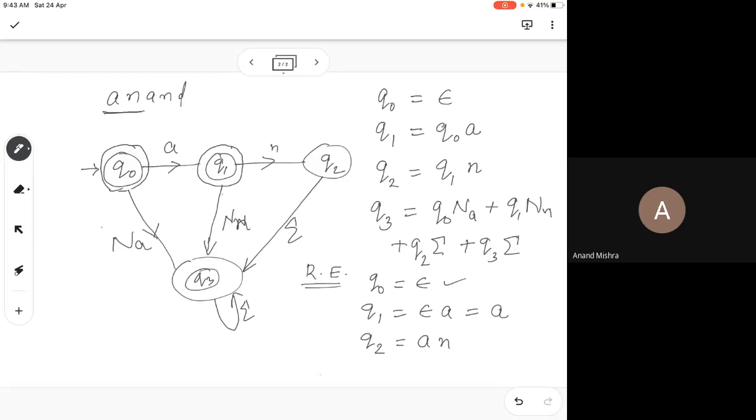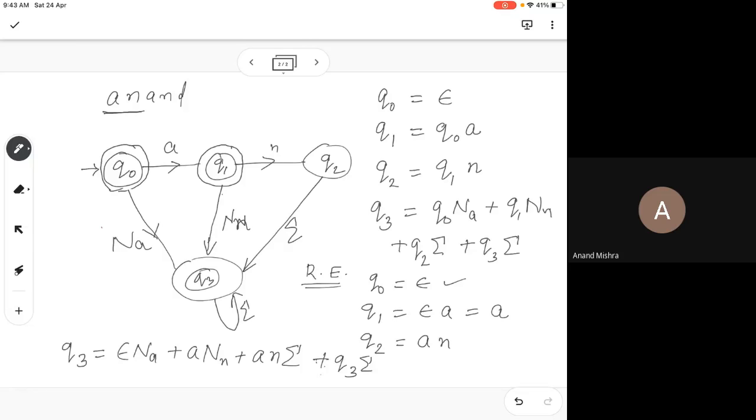The only thing left is Q3, which is slightly longer. So Q3 is Q naught epsilon, then Q naught A, right? Then Q1 I can put A and N, and then Q2 sigma, so Q2 is AN sigma, and then Q3 sigma.